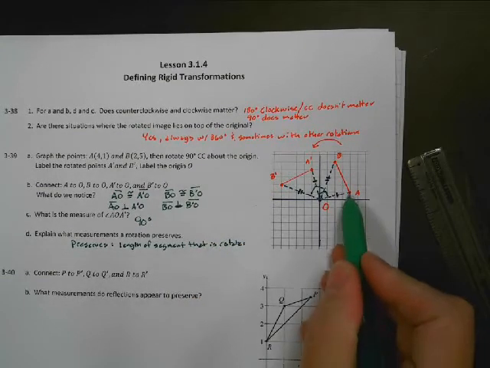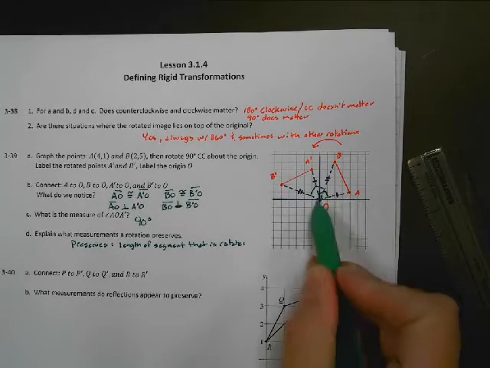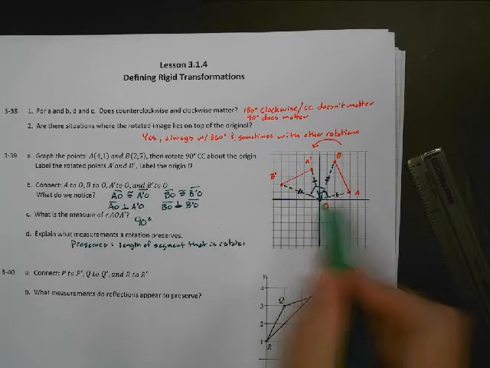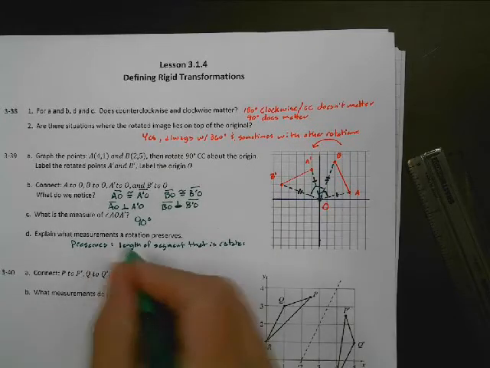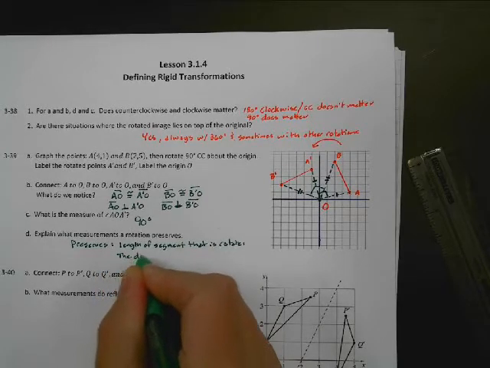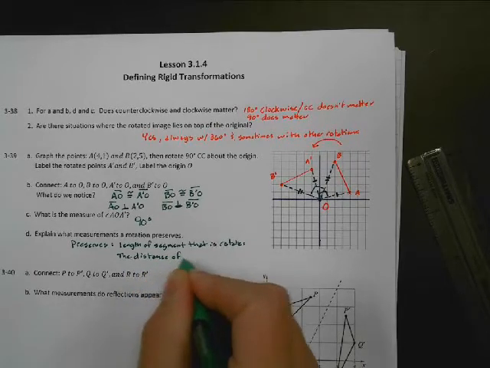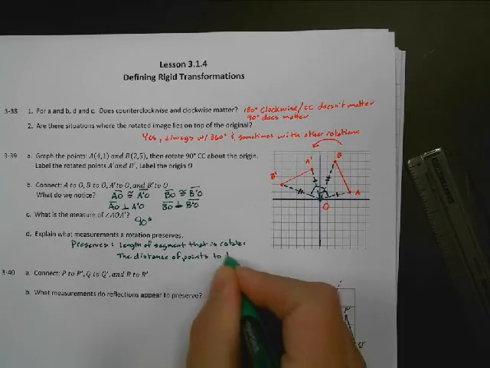And it preserves the distance to the origin. So each point is the same distance to the origin. So A and A prime are still the same distance. So it also preserves the distance of points to the origin.